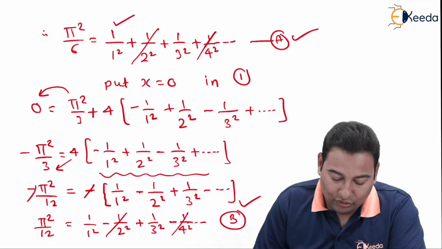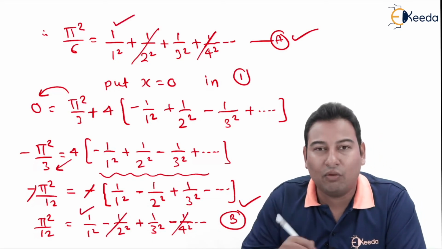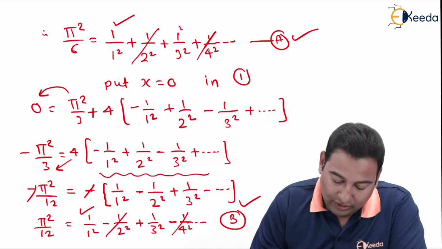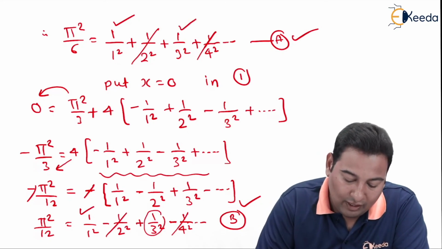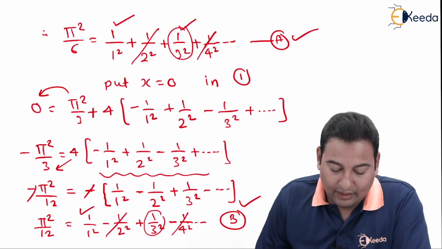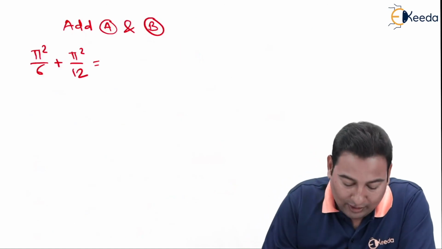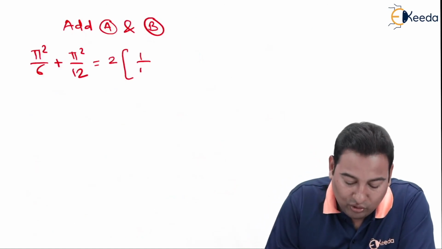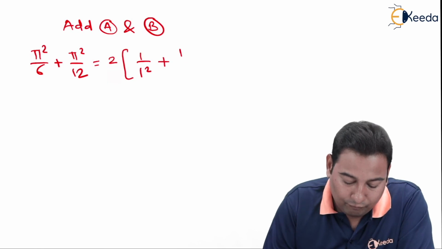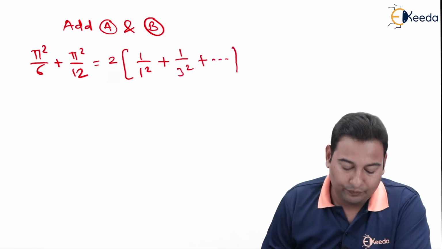Here it is 1 upon 1 square, here it is 1 upon 1 square, that will become twice. 1 upon 3 square, 1 upon 3 square, again that will become twice. Either the terms will be cancelled or will become twice. That is 1 upon 1 square. Let me take 2 outside, plus dot dot dot.